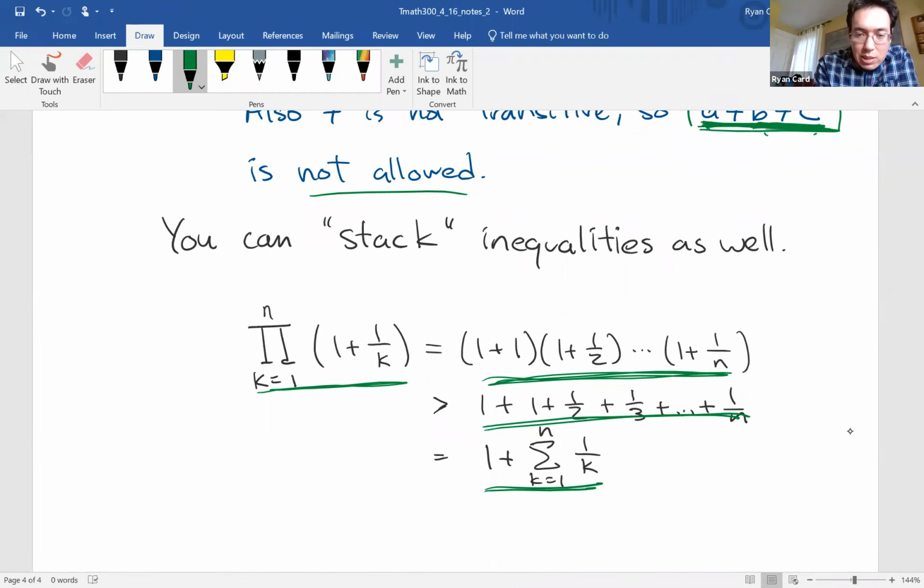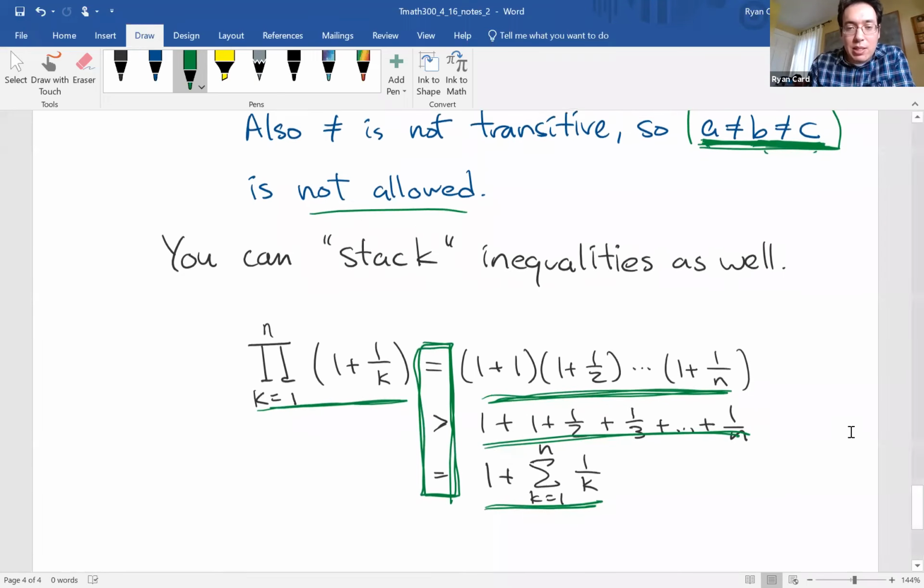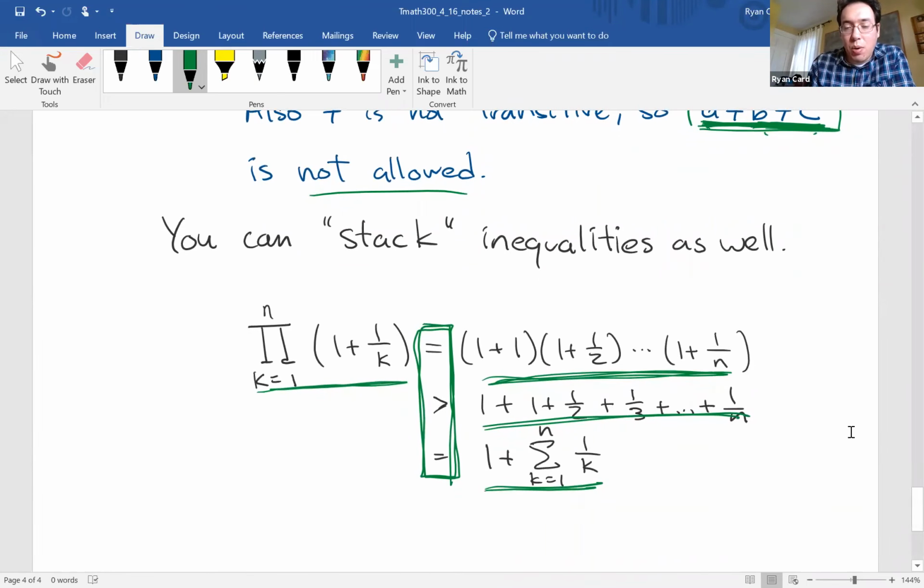What's important is that equalities and inequalities are stacked at the same column. So that's how you do chain inequalities when the expression is very big.